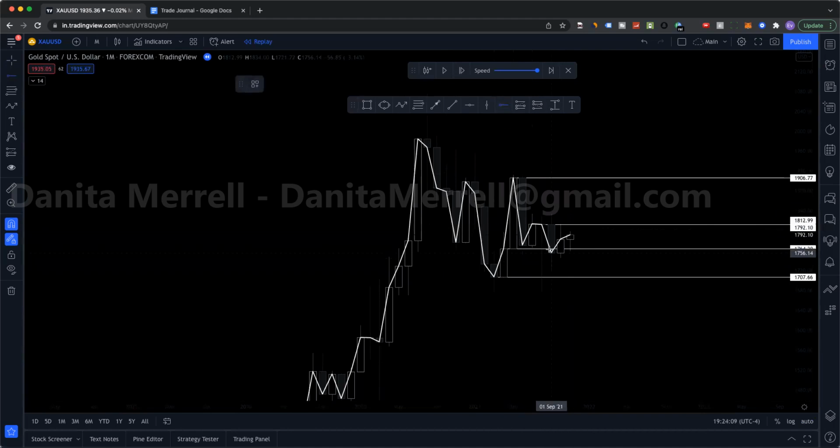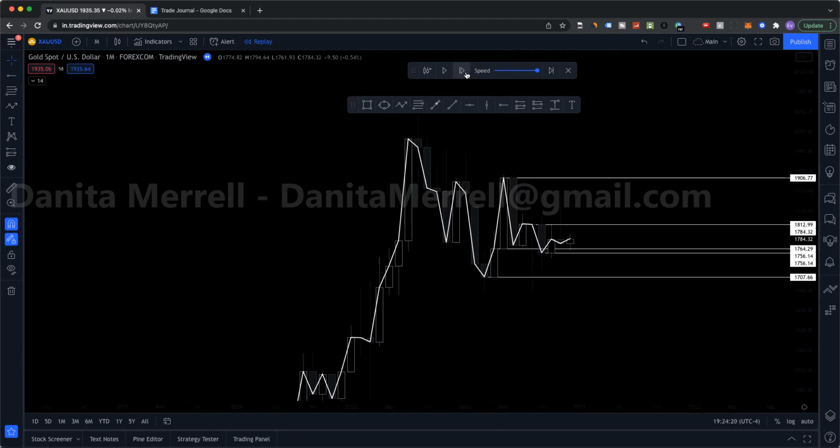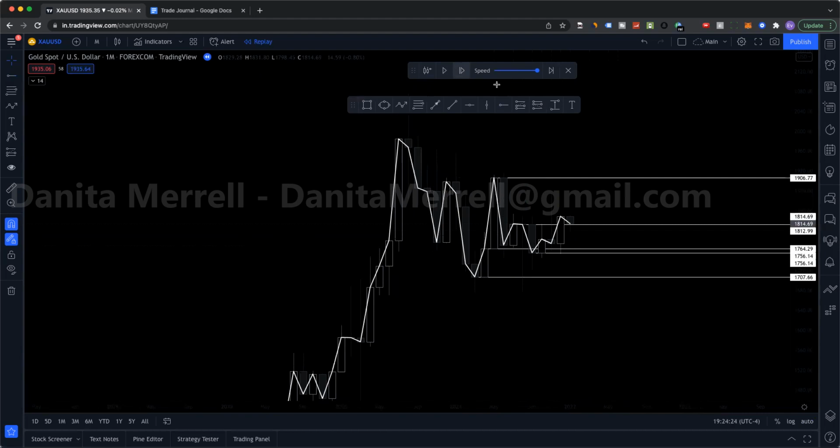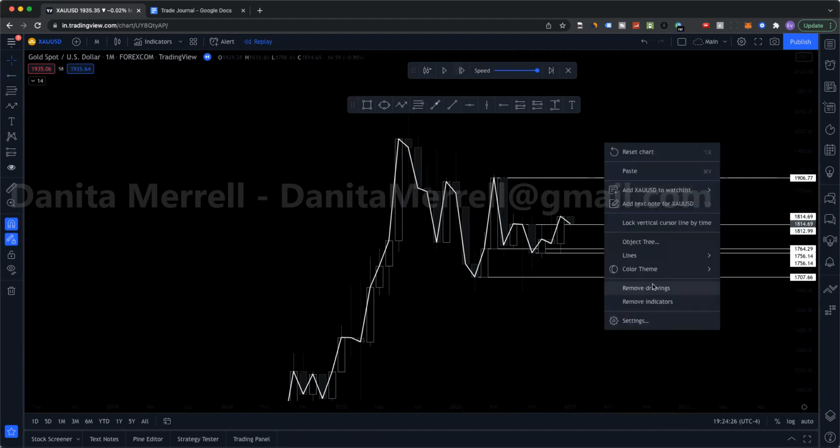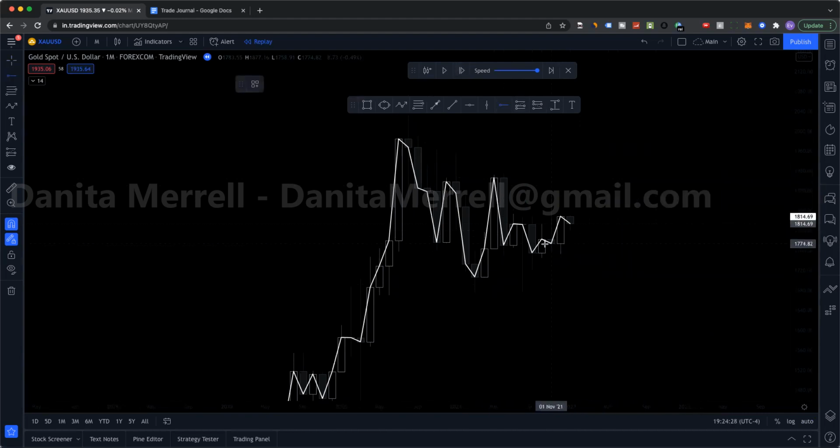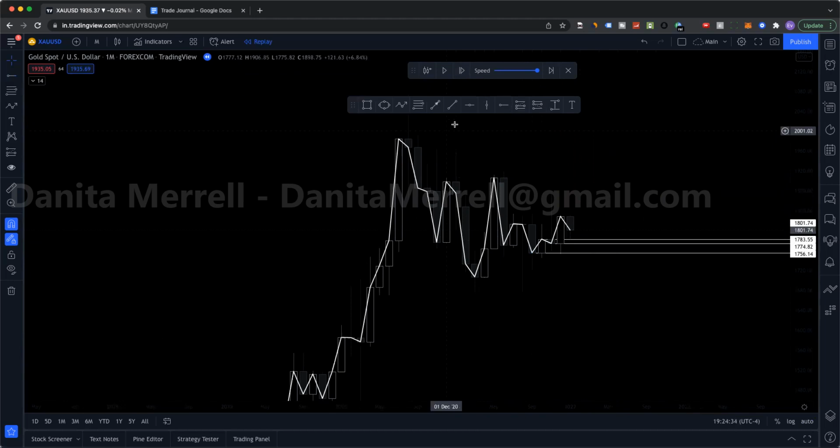Okay, new monthly support, but weak support because it's not a break. Okay, let me remove these and we'll just keep doing that. Support, support, support. Okay, see how price comes down to it. What is it trying to find? Resistance.